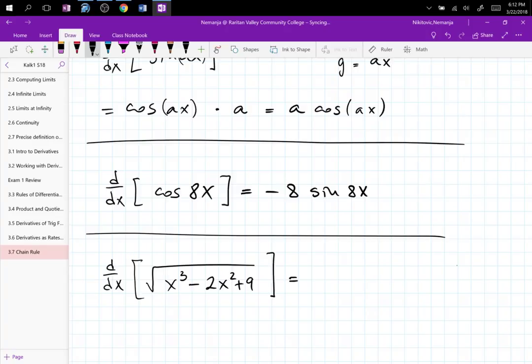What's the outer function? Square root of x. And what's the inner function? The mess. Good. So f is root x and g is the mess.